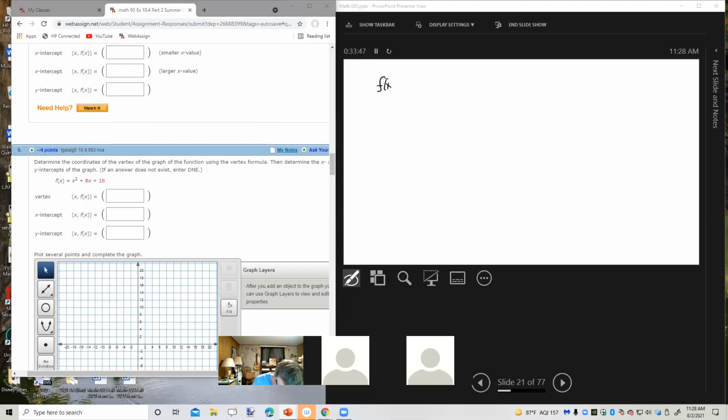F of x equals negative x squared minus 10x minus 21. It says find the x and y intercepts of the graph of the quadratic or second degree function. Okay, so again, this is y equals negative x squared minus 10x minus 21. To find the x-intercepts, we set y equal to 0.